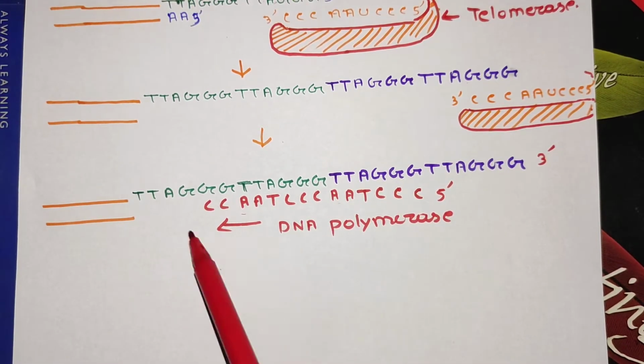The 3' overhang is recognized as damaged DNA. So several types of DNA repair mechanisms are active, several types of proteins involved in DNA repair are active, and ultimately the cell cycle is arrested and the cell undergoes apoptosis. So we have to protect the 3' end, the 3' telomere region.